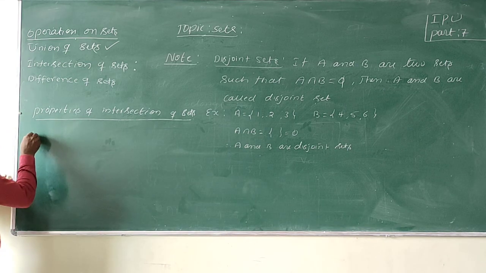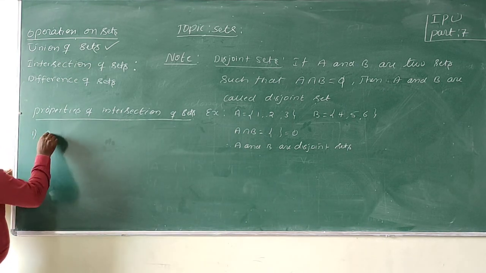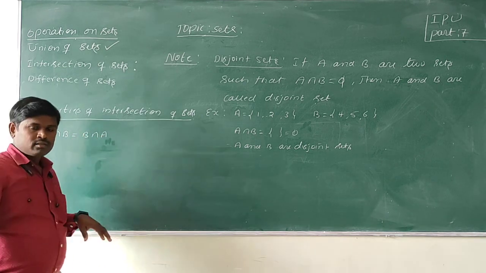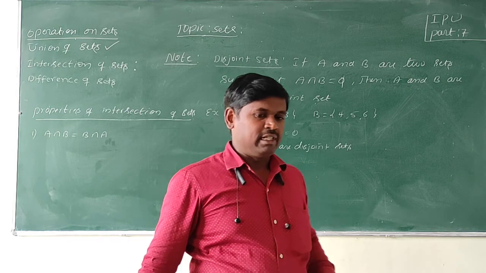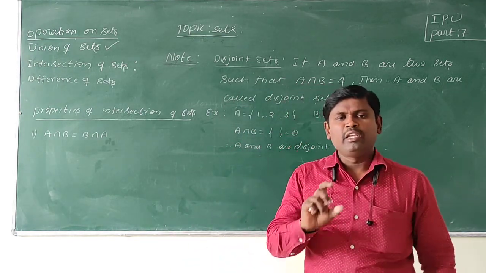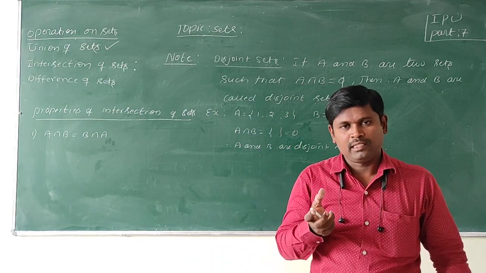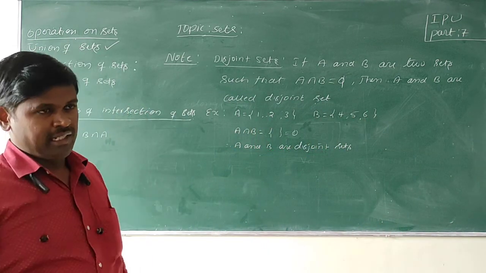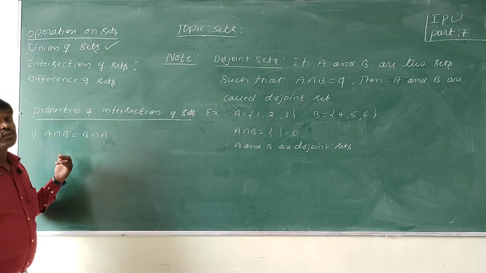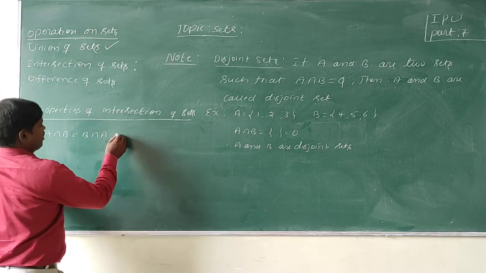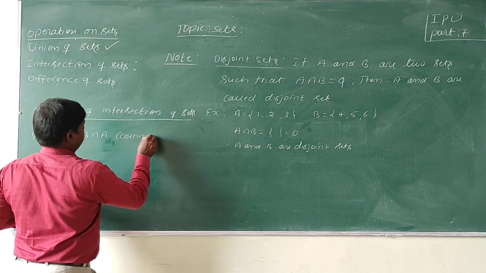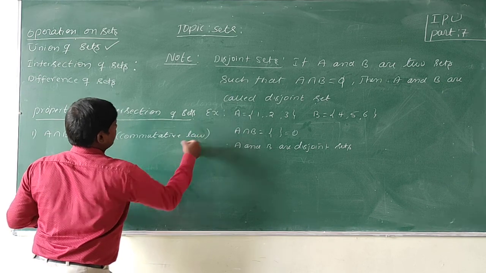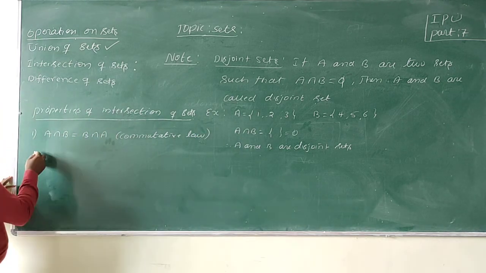The first one is A intersection B is equal to B intersection A. You already know that A union B is equal to B union A, which means union of two sets satisfies the commutative property. Similarly, intersection of two sets satisfies the commutative property. Commutative law.